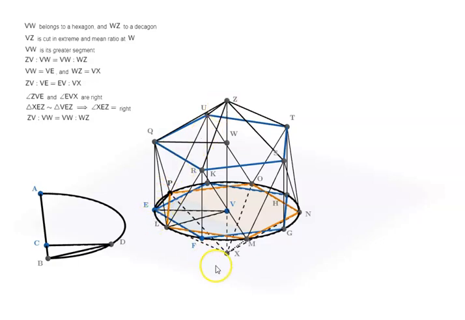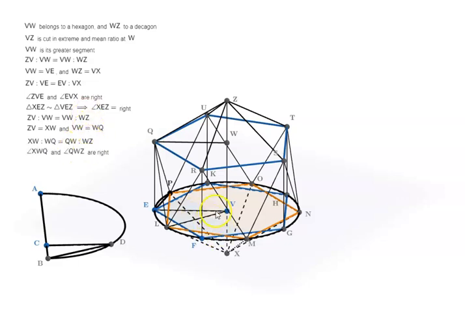Since it is a right angle, ZV is to VW as VW is to WZ. So we know ZV is equal to XW and VW is equal to WQ. So that means this proportionality becomes XW is to WQ as QW is to WZ.